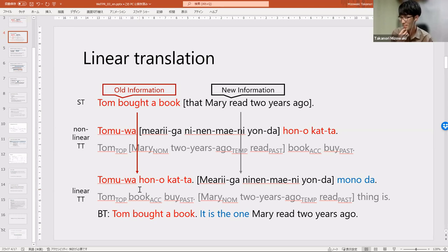For example, the example used here is I bought the book that Mary read, right? And if we have another example that goes, I saw the man that wrote the book, where the man wrote the book, it's a subject. The head noun is the subject of the verb.